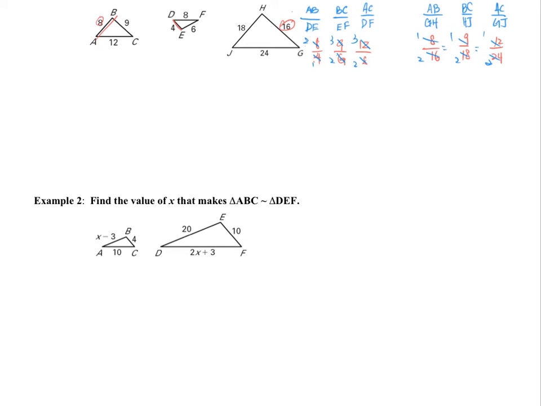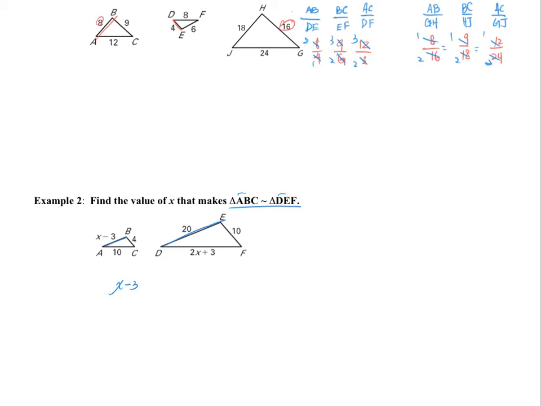Example 2. Find the value of x that makes triangle ABC similar to triangle DEF. So we can use the side-side-side similarity theorem and check to see if the ratios of the corresponding side lengths of these two triangles are proportional. AB corresponds to DE. Again, you have to check your similarity statement.